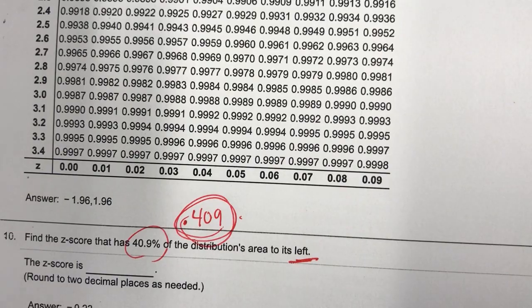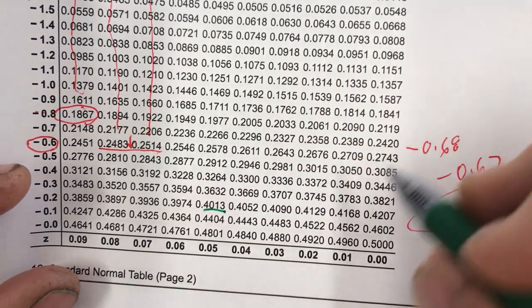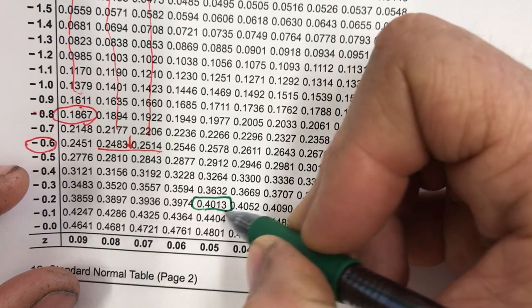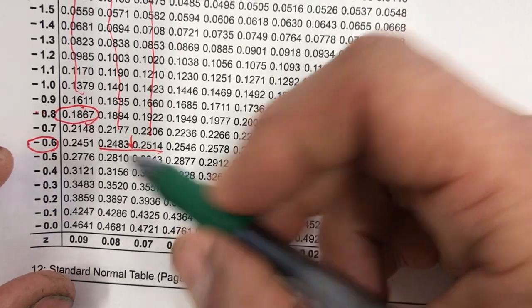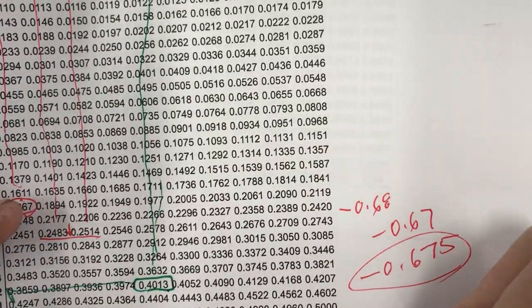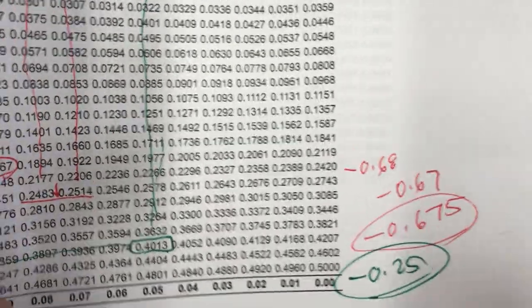Okay, so 0.4013 right there. I guess that's the closest we're going to get right there. So that's negative 0.2 and up here, 5. So negative 0.25. That would be my answer here.